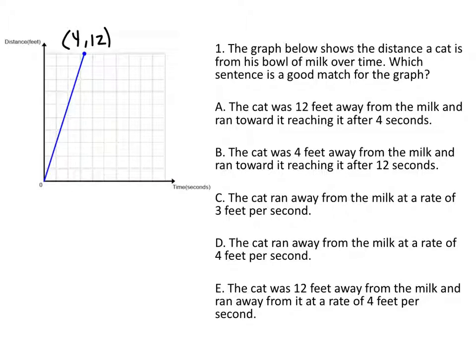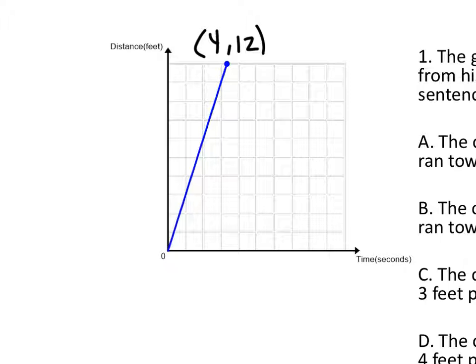Now let's look at the graph and analyze it first, which hopefully will help us determine which of these is best. So the first thing on this one, and just from the words it said, the distance is how far away the cat is from the bowl of milk. So that means that at 0 distance, that would represent the bowl of milk.